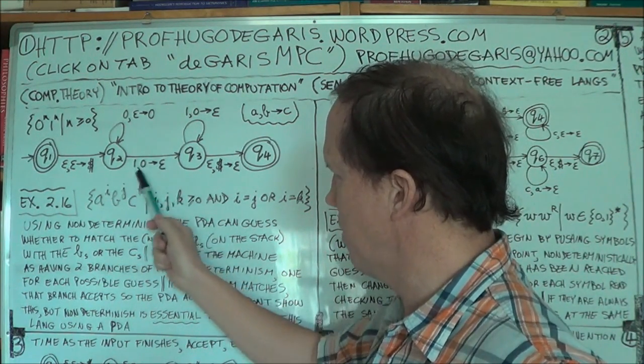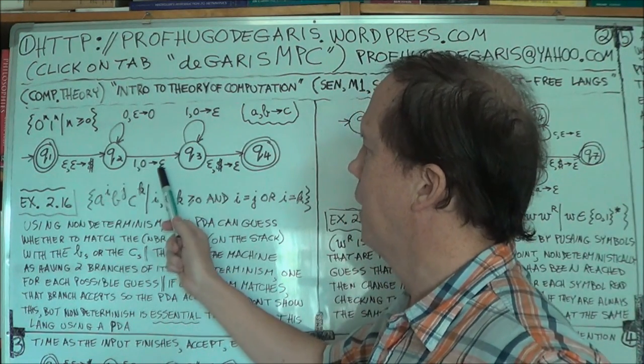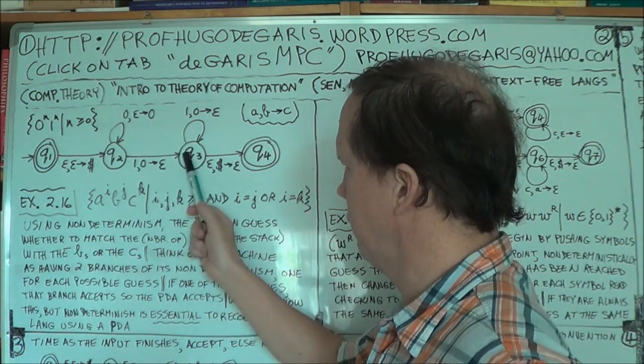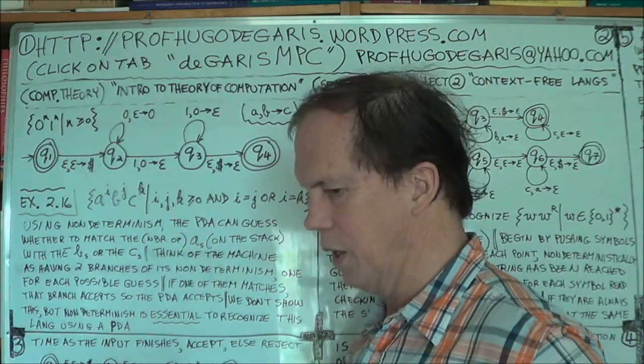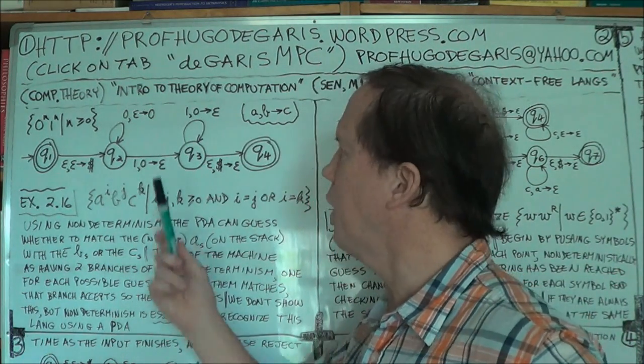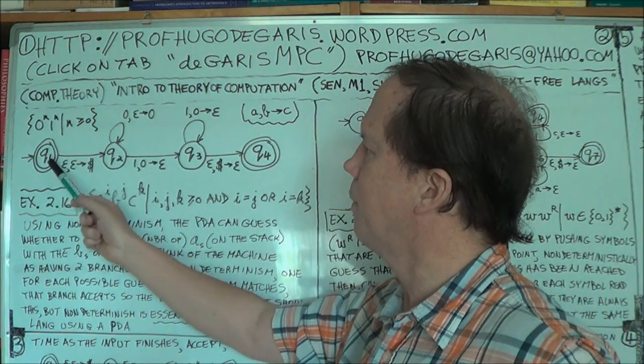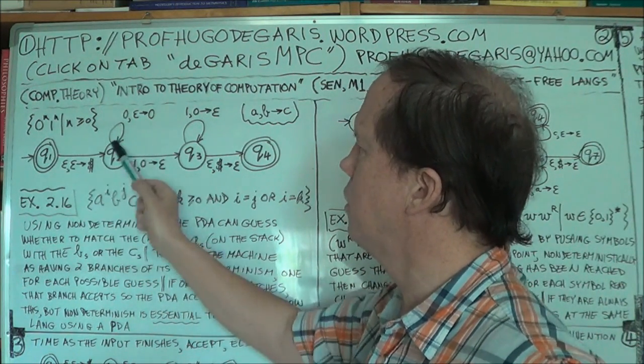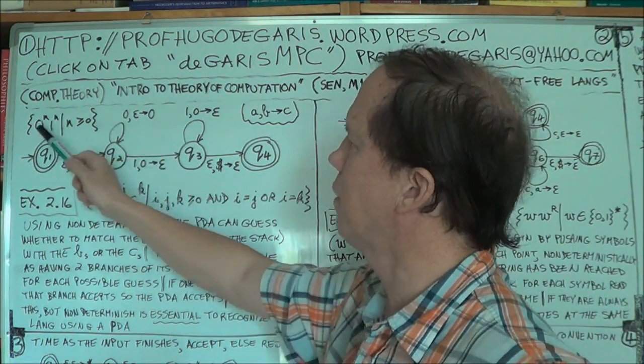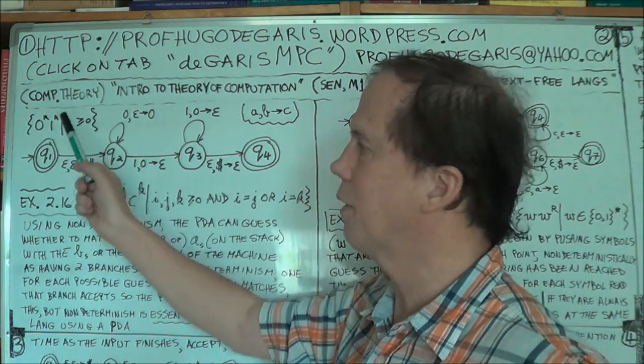So we make the transition, right? So we move into state Q3. Now why change states? Well, because you just loop through here as many times as there are zeros to start with, okay?